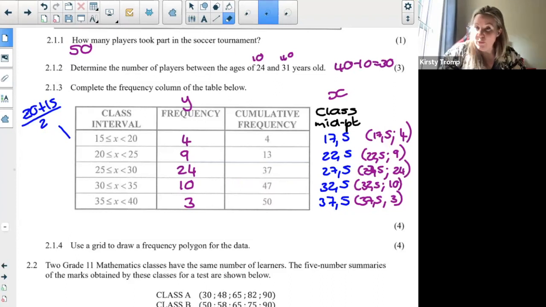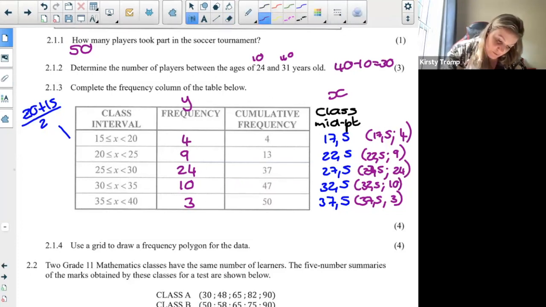What's the difference between those? My x's. What are they going up in? You guys tell me. They're going up in 5s. Good.